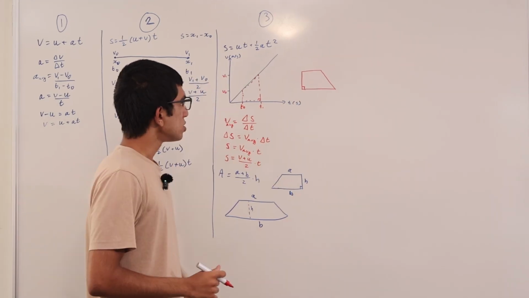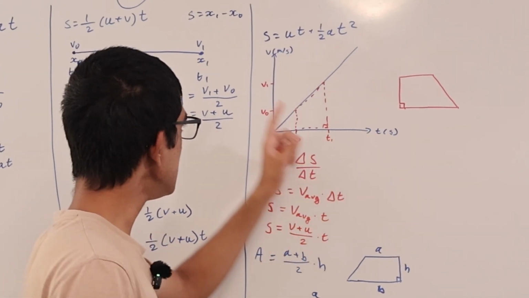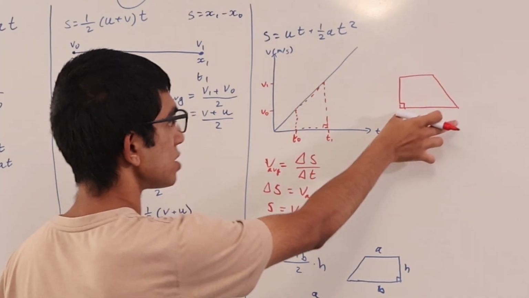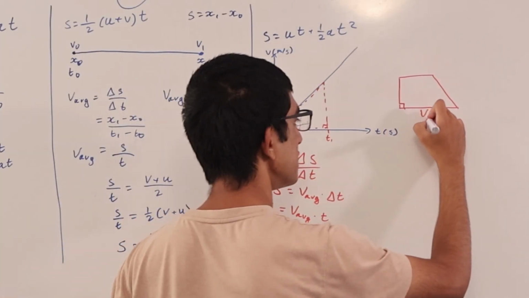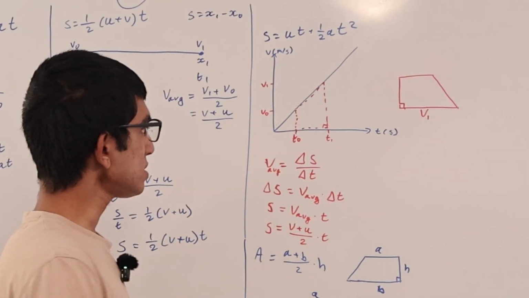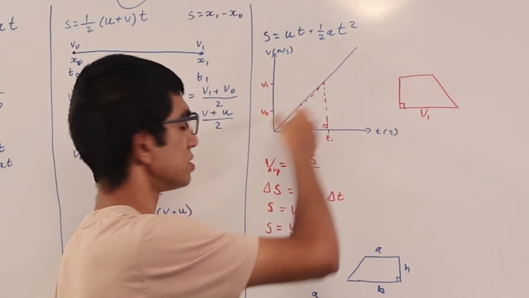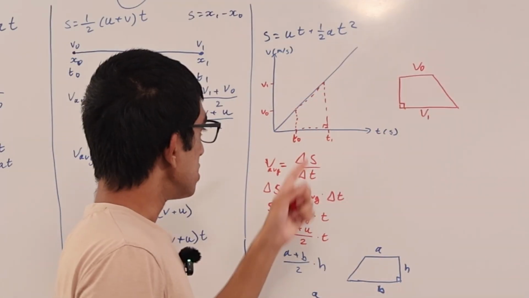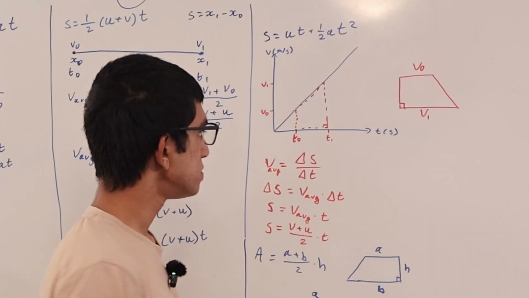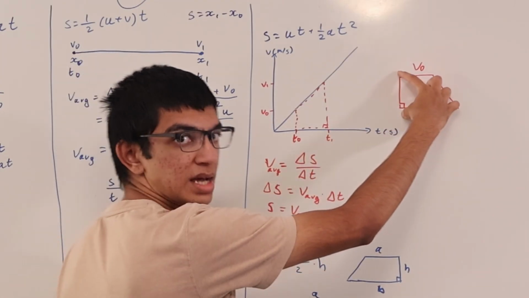It goes here. So the base of this trapezoid would be V1. The whole base here goes here. So this is V1. And the top part here is V0, because this rotated goes here. So V0. Now, the height here would be T1 minus T0, because that's this length here, and that's translated to here.